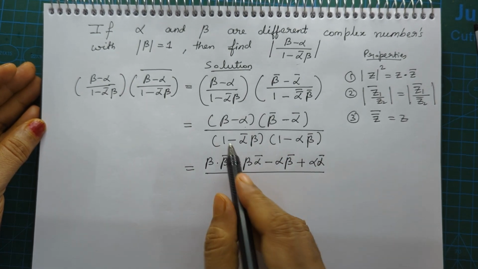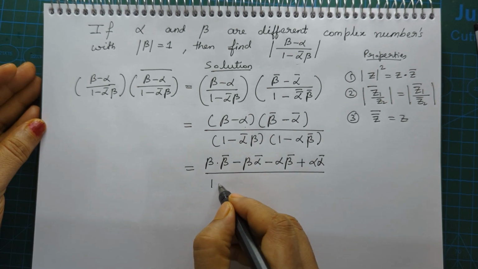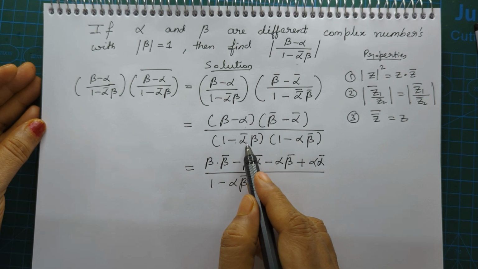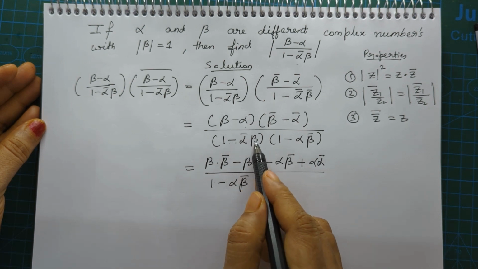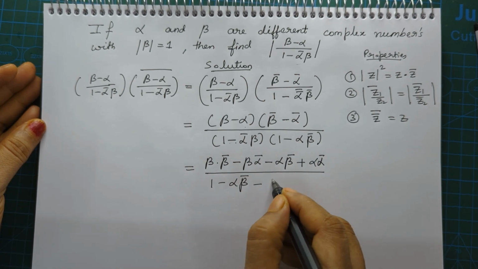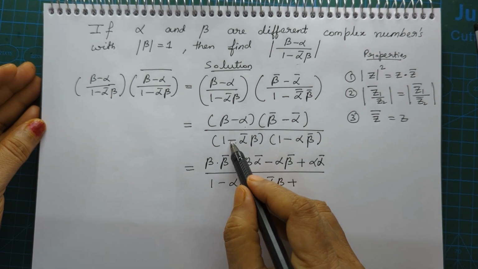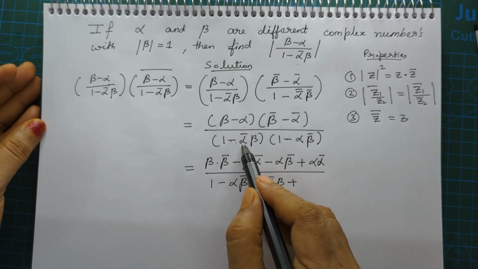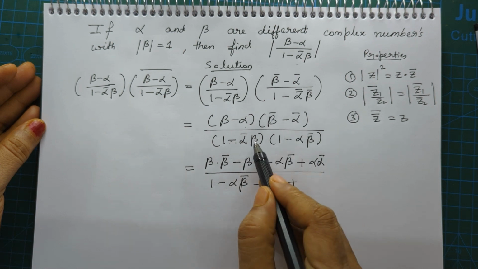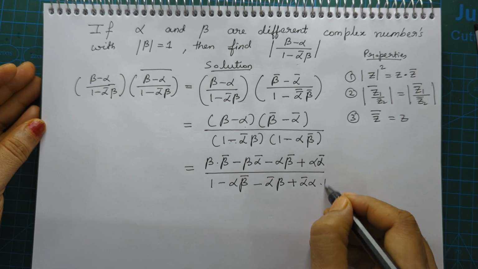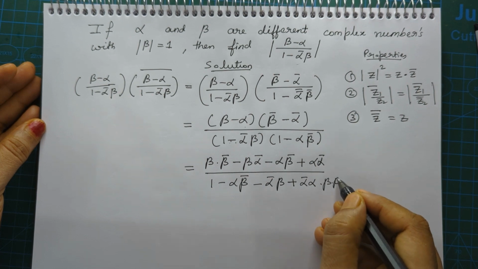Denominator: 1 times both of them is 1 minus alpha beta conjugate. Then minus alpha conjugate times beta gives us minus alpha conjugate beta, minus of minus is plus, then this into this. So alpha conjugate times alpha, beta conjugate times beta.